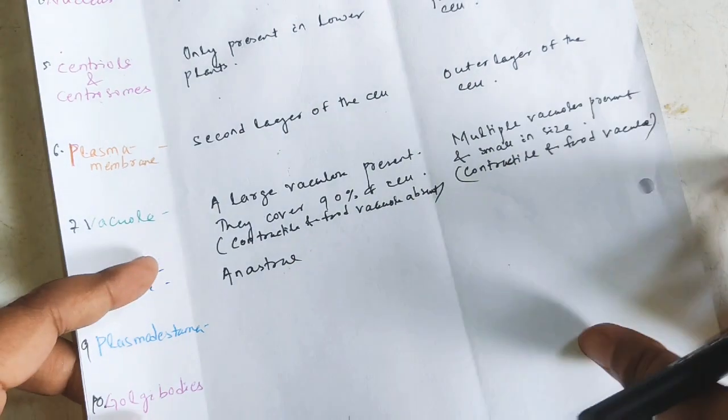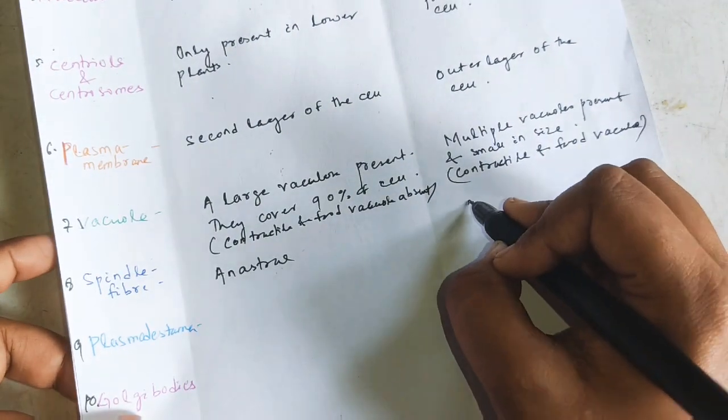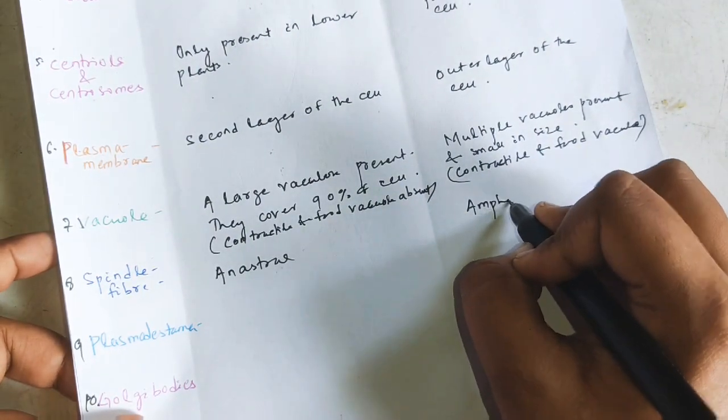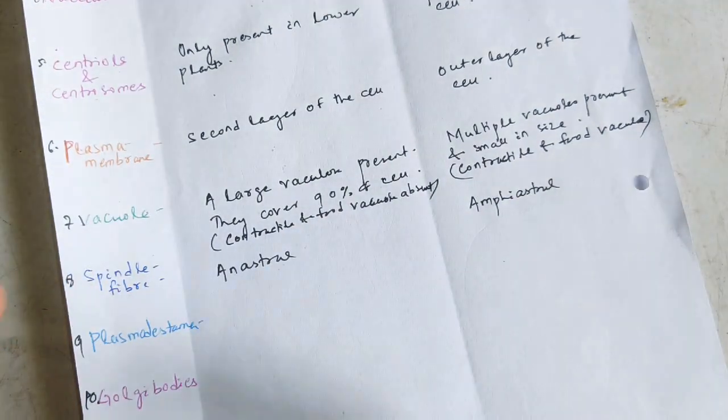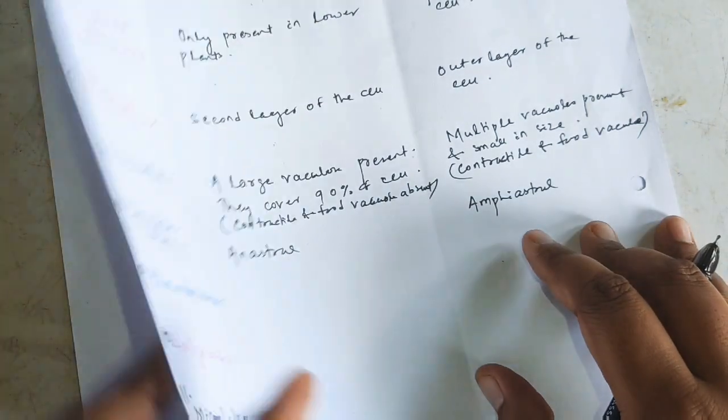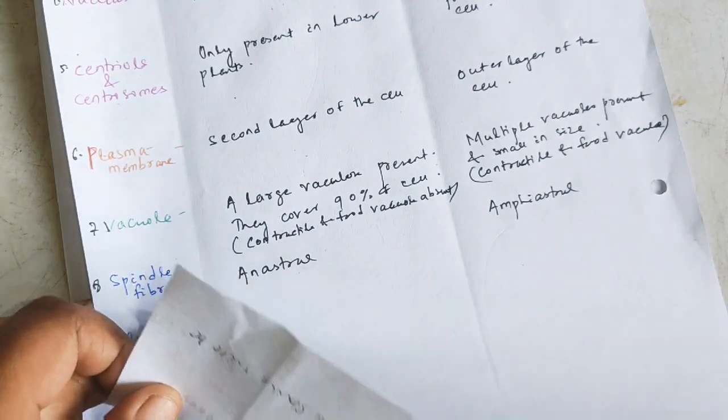From the anastral, spindle fiber is formed. And here, amphiastral: that means spindle fiber formed from the centriole. From the centriole, astrals form, and from the astral, spindle fibers are formed.